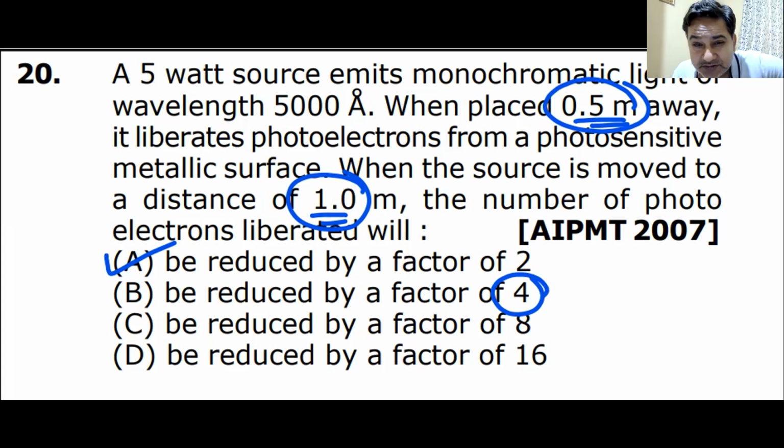If the distance becomes 3 times, it will reduce by a factor of 9. If the distance becomes 4 times, it will reduce by a factor of 16. If the distance becomes 5 times, it will reduce by a factor of 25. Do we understand this? Yes, sir. Reverse case scenario.